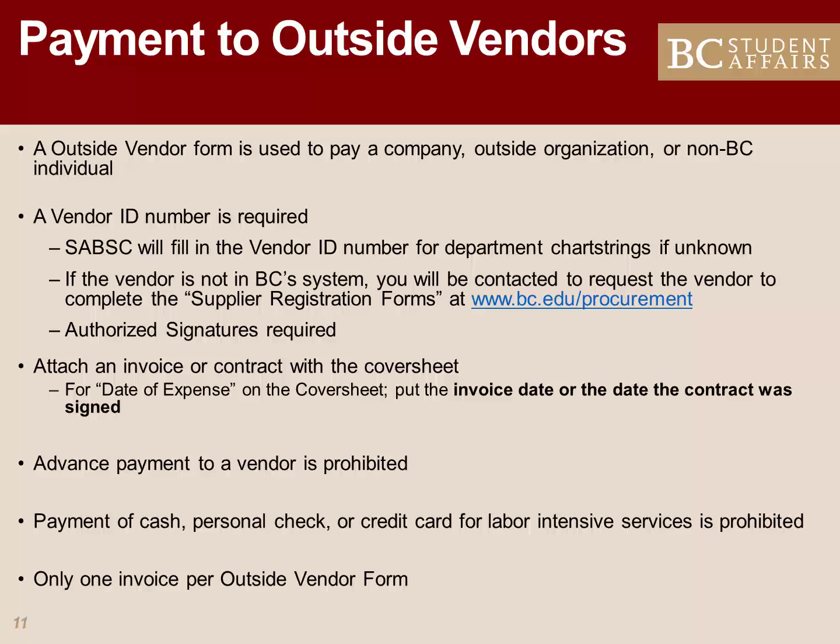The electronic W-9 can be found on the provided link or on our website in the Department Resources section at the top of the page. With the outside vendor payment form, it is required that an invoice includes a remit address.